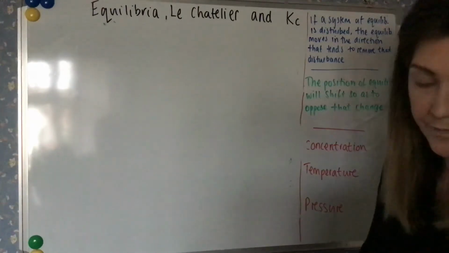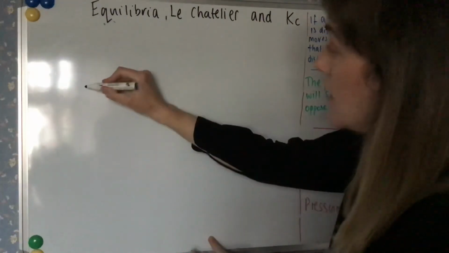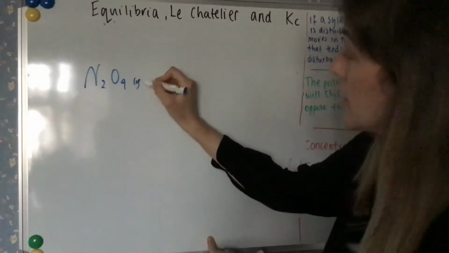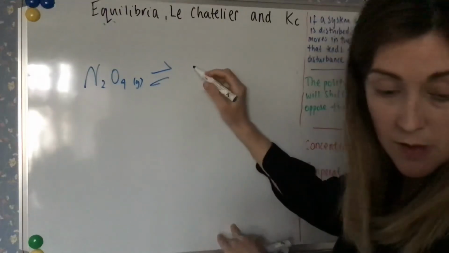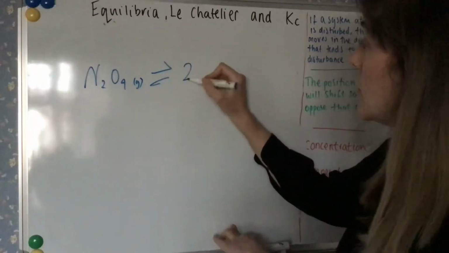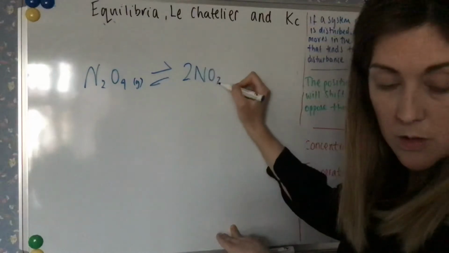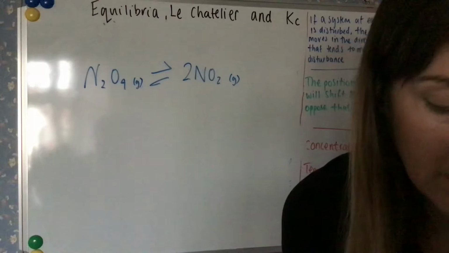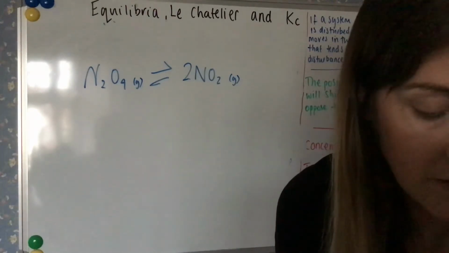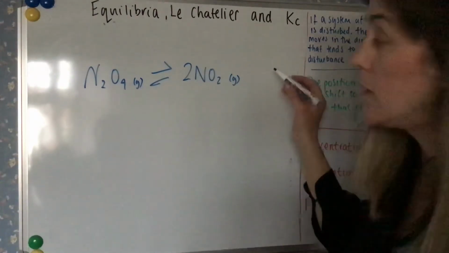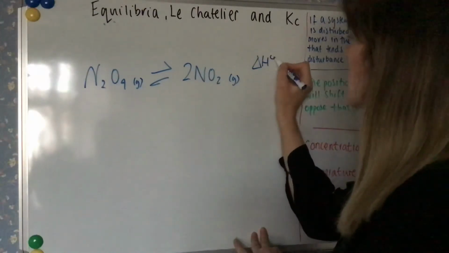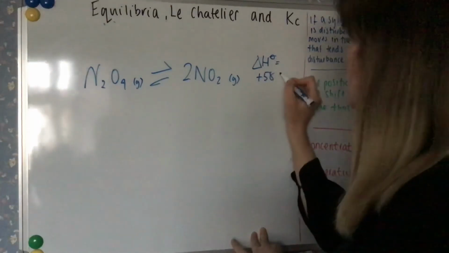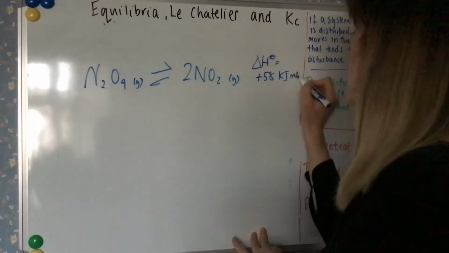So we've got N2O4, and the enthalpy change there is equal to positive 58 kilojoules per mole.